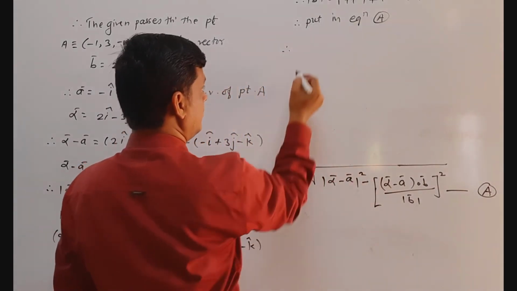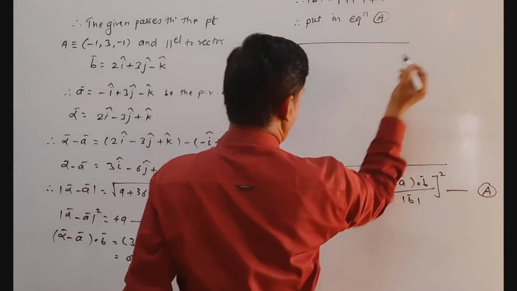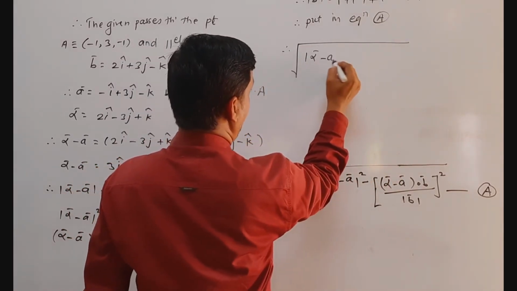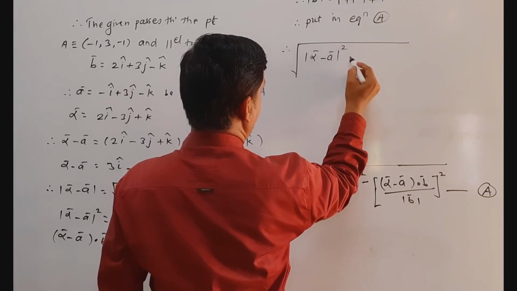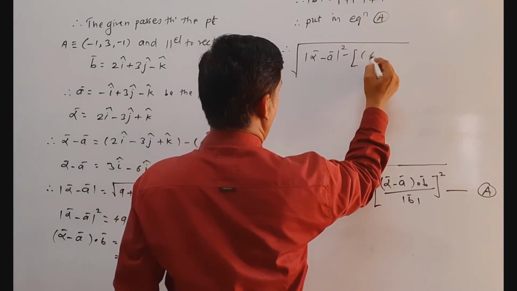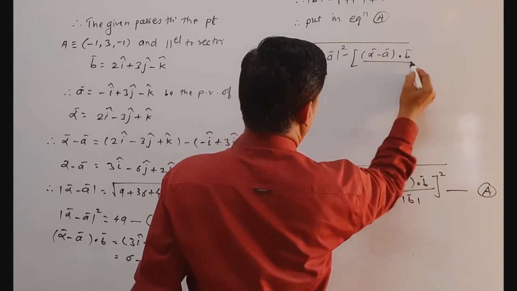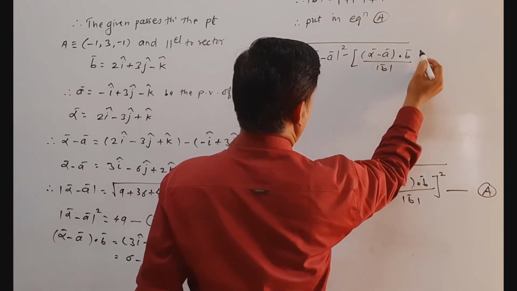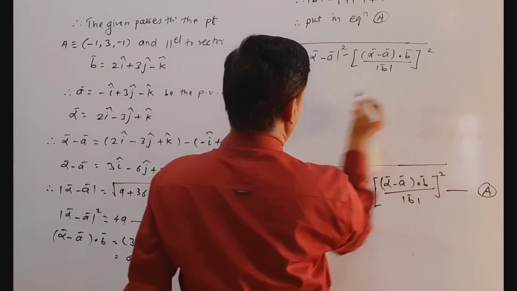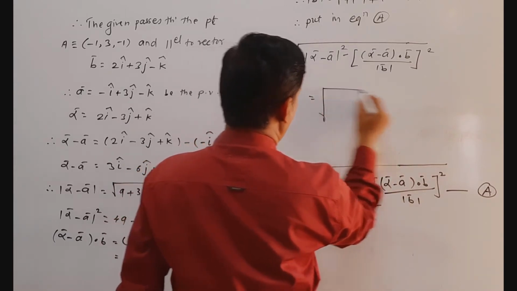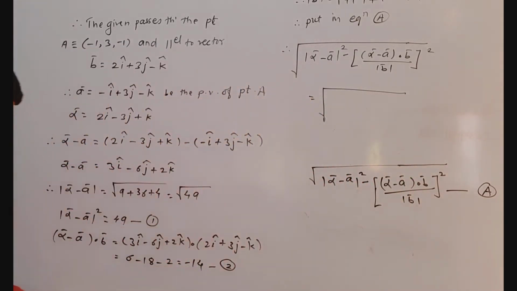Therefore we write here alpha bar minus a bar its square minus alpha bar minus a bar dot b bar upon magnitude of vector B its square is equal to. Now substitute the value of magnitude of alpha bar minus a bar its square as 49.